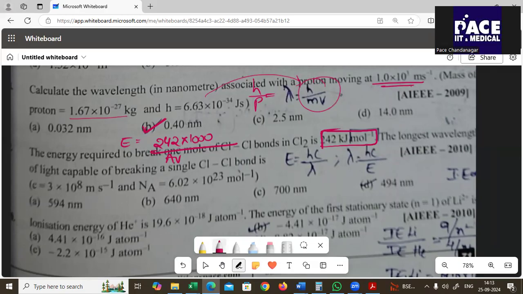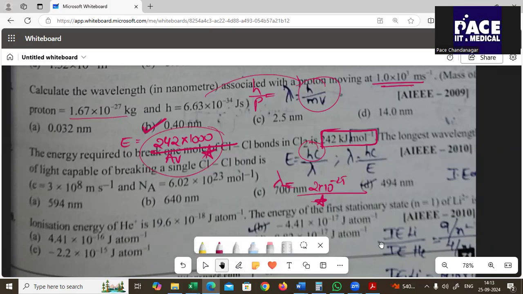As you put that value in, you will get the energy per atom. And the hc value we already know, which is 2 into 10 to the power minus 25. So lambda is equal to 2 into 10 to the power minus 25 by all this value you get. That will give your answer. So calculate the answer and check it from your textbooks as well.